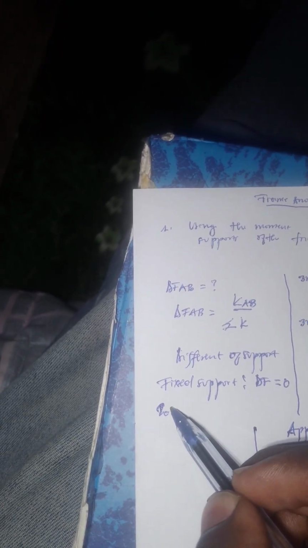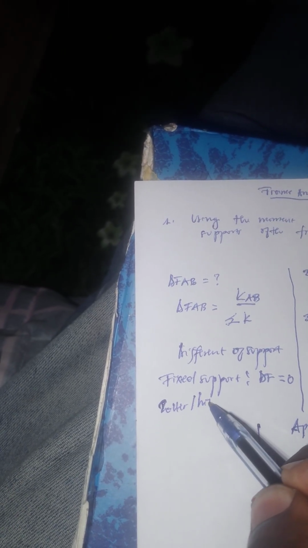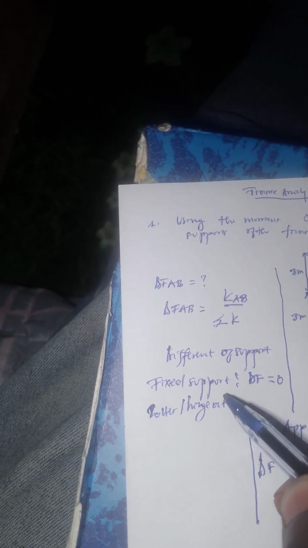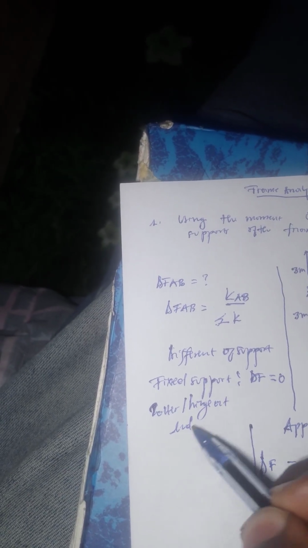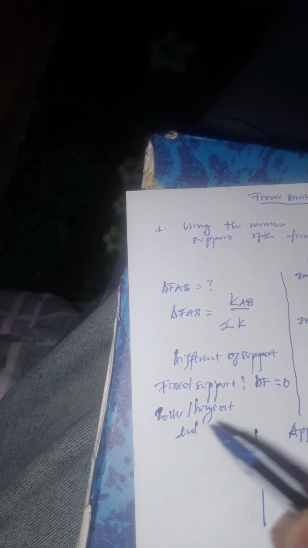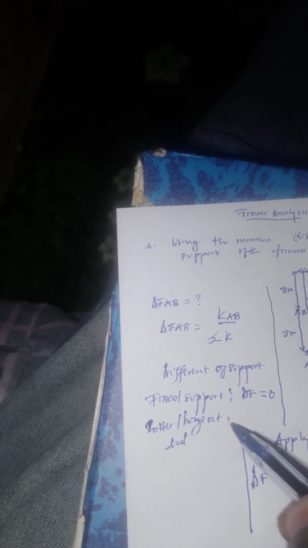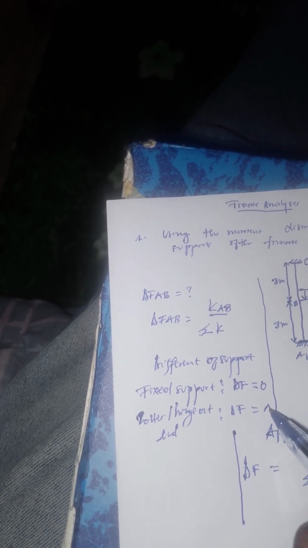When we have a roller or hinge at the end of a beam or frame, the distribution factor must be equal to 1.